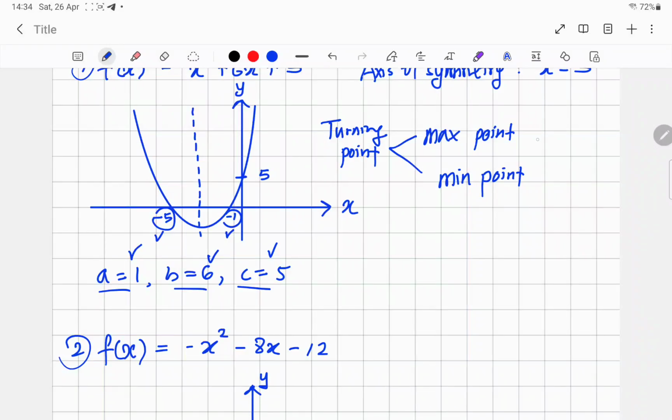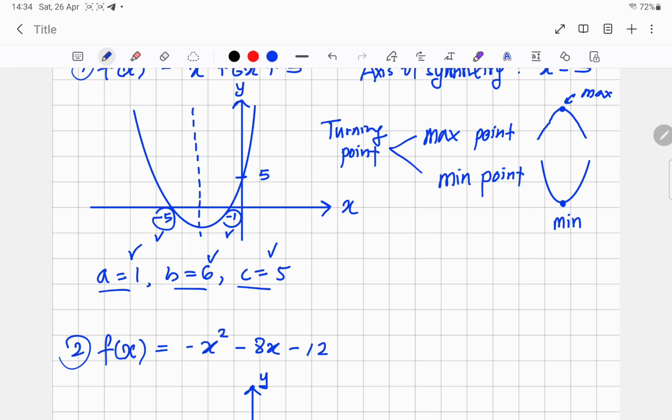If your graph is a sad face, the turning point up here means the graph goes up and then turns down. This is the maximum point. A minimum point means the graph goes down and then turns up.